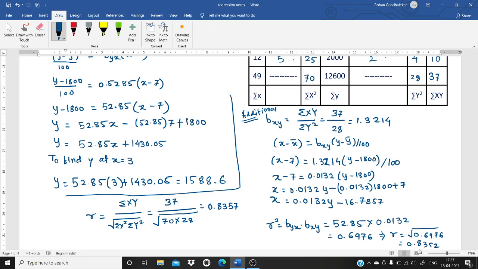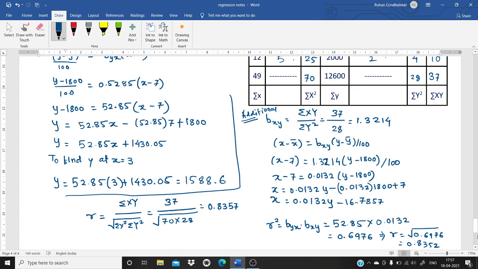That means what I'm conveying is, in the final examination you may get a question: find the coefficient of regression and also find the correlation coefficient. In that case, you find out the coefficient of regression, of course, but for getting the value of r, you must use the relation r square is equal to byx into bxy. Is it? Fine.